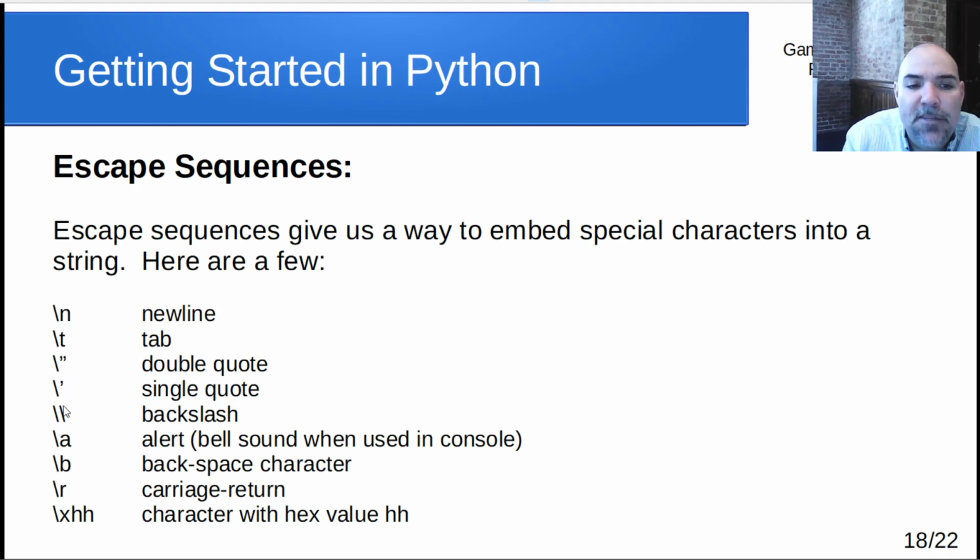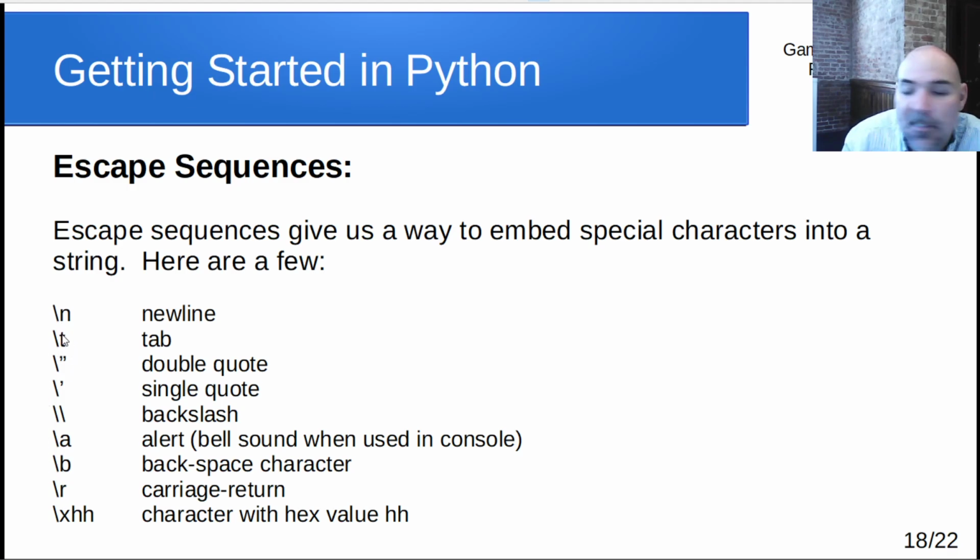And the reason they have these is that it's not so easy to type, for example, a new line. If you hit enter, it'll go to the next line in the editor, or move stuff down in the editor. So we want a way to say, when we print something, have a new line or a tab instead of using spaces, or a double quote inside of a double quoted string, or a single quote.